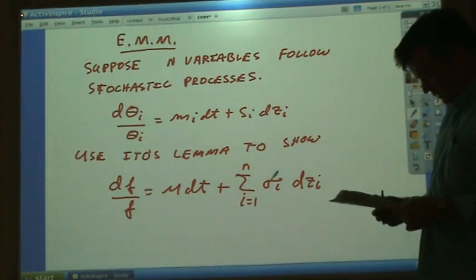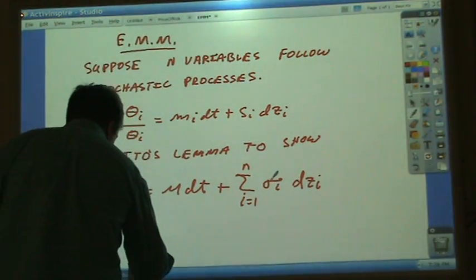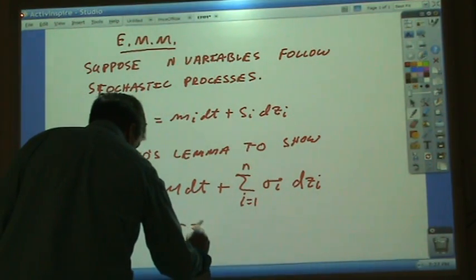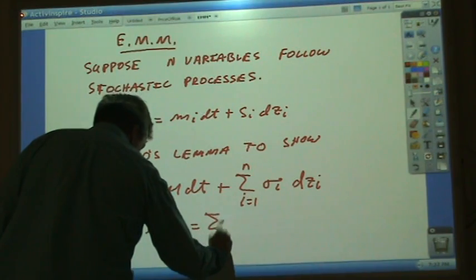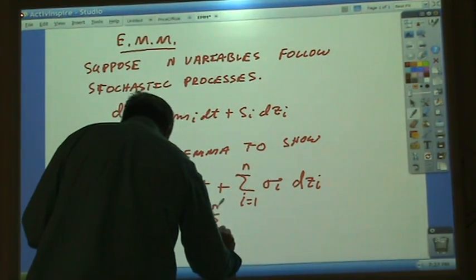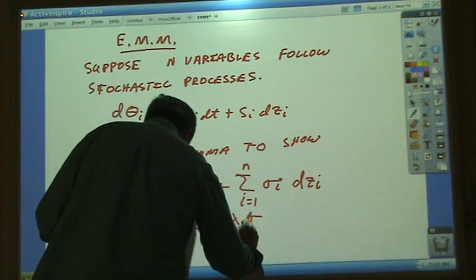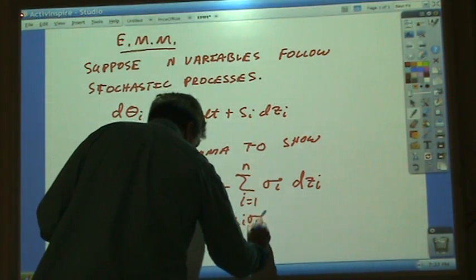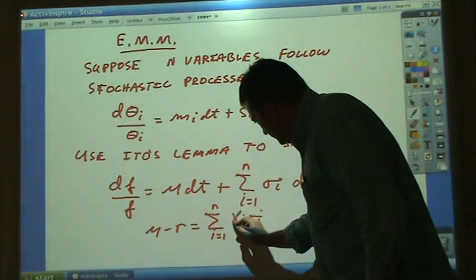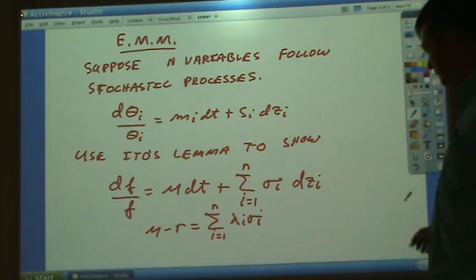And then we can say mu minus R is therefore equal to the sum of lambda i sigma i, the formula we had last time we talked.